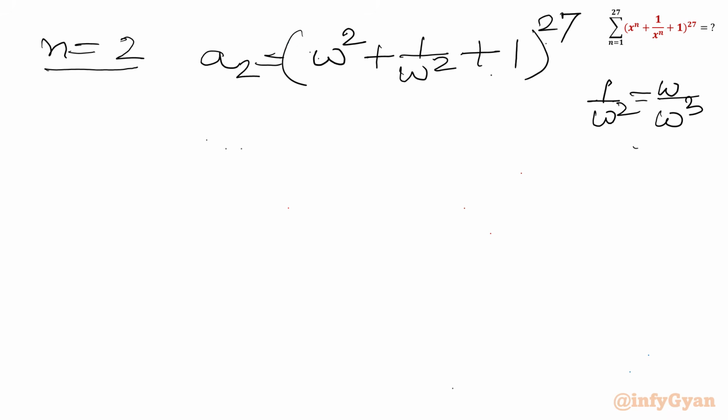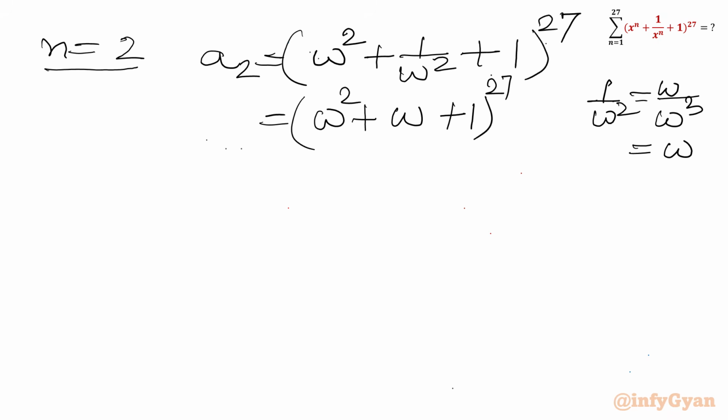Now omega cube is 1, so 1 over omega square is equal to omega. So I can write (omega square plus omega plus 1) whole power 27. Now this is again 0. So we will get a2 equal to 0.